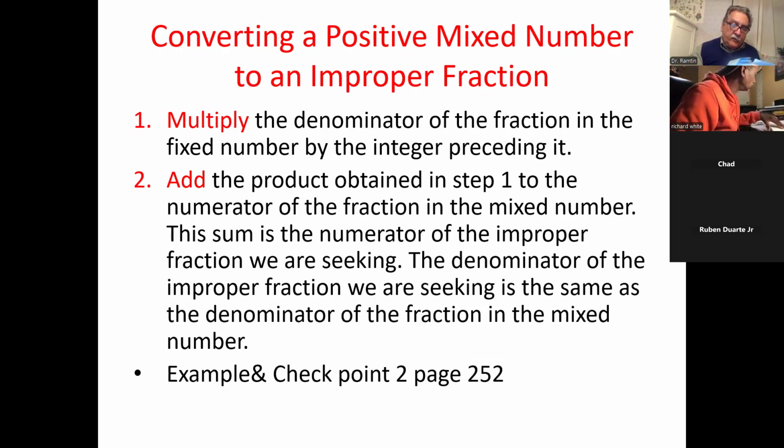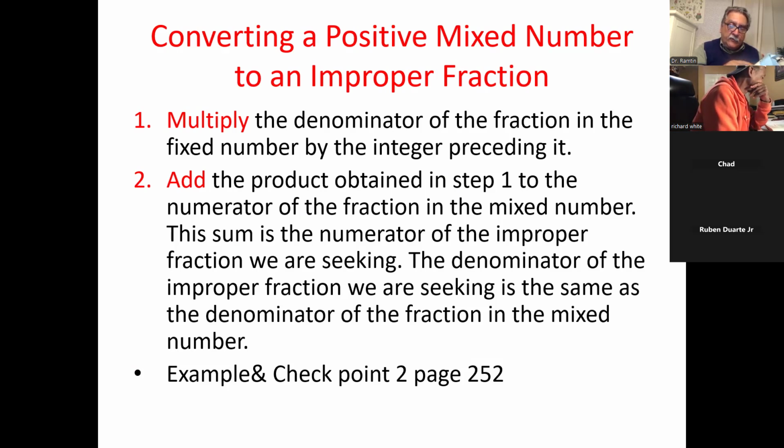We want to convert 3 and 4/5 to an improper fraction. The number 3 and 4/5 is called a mixed number. We want to make it into an improper fraction. So what you do, you take the 5 in the denominator, multiply it by 3, that integer next to the fraction, and then you add that to the numerator.